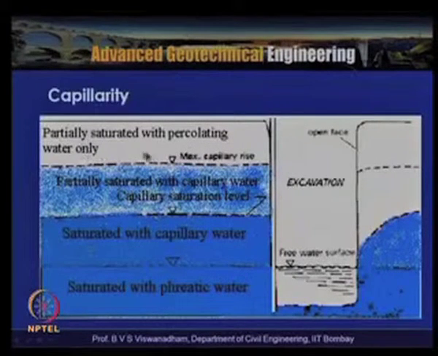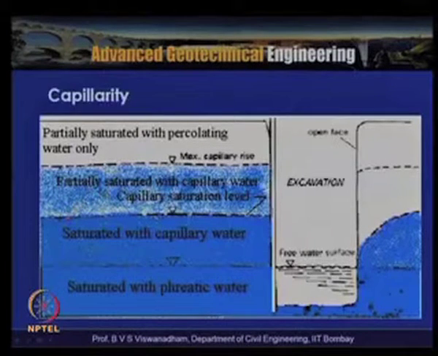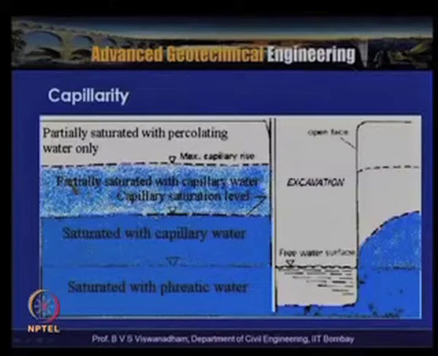So, this is partially saturated because of the percolating water, and this is due to the capillarity phenomenon. Here the degree of saturation is 100%, then the degree of saturation tends to reduce from 100 to 20% or so because of the presence of partial saturation, that is, because of the presence of air.